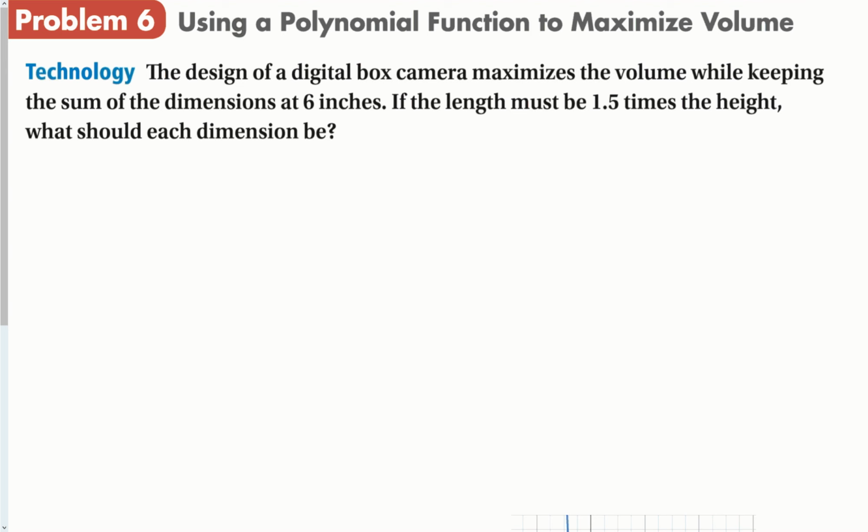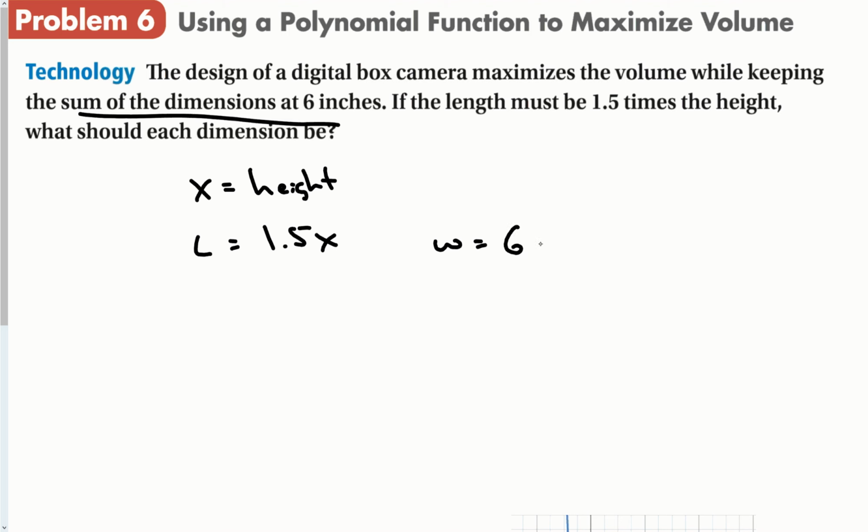Length must be 1.5 times the height. What should each dimension be? Okay, so let's work through this. So x is going to be the height. The length is going to be 1.5 times the height, and the width is going to be, well, the sum of the dimensions has to be 6 inches, so the width is going to be 6 minus the other 2.